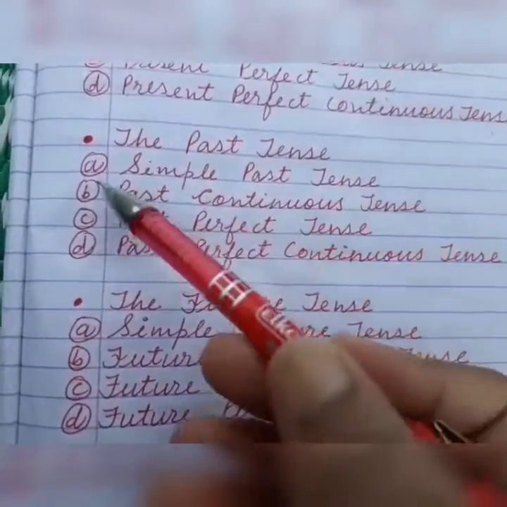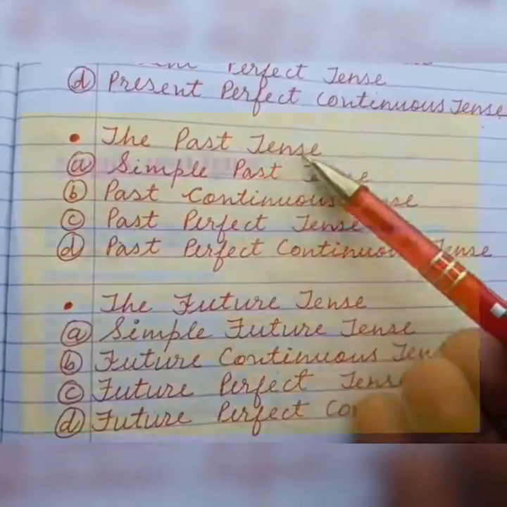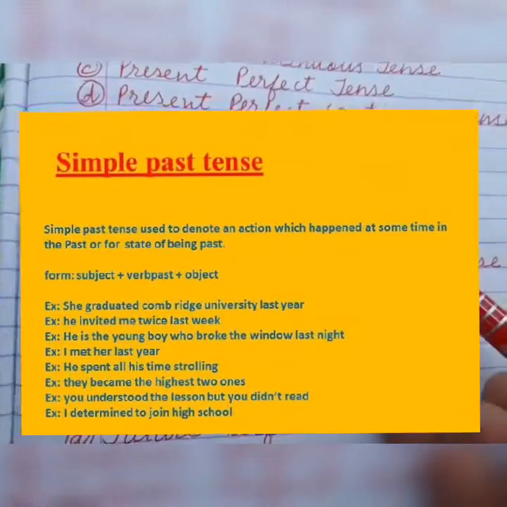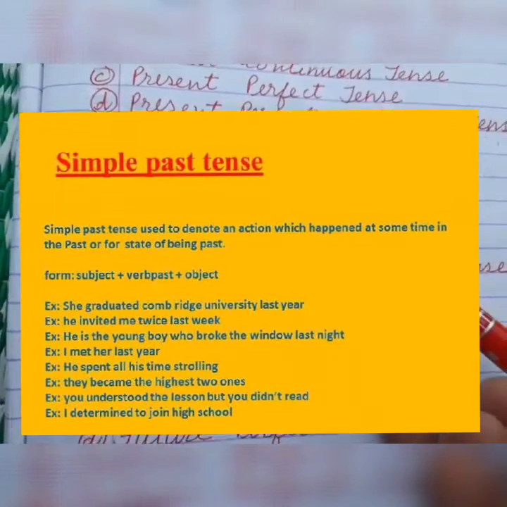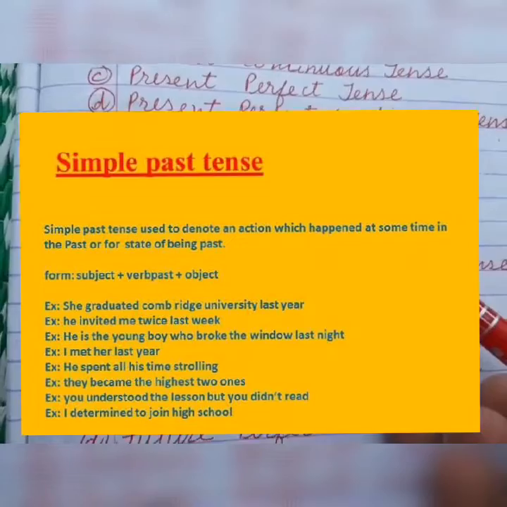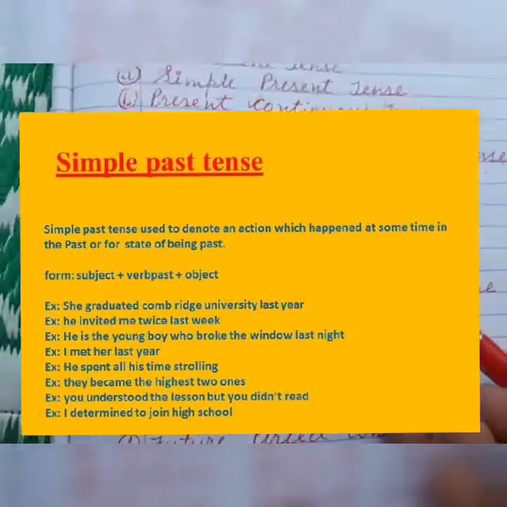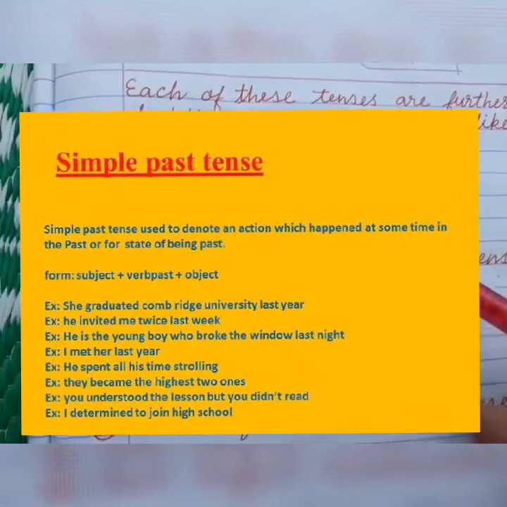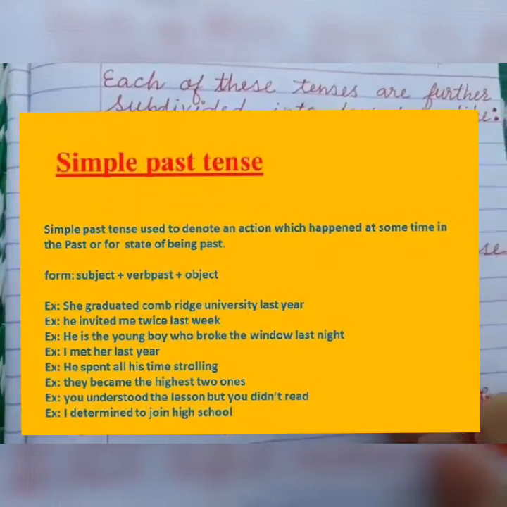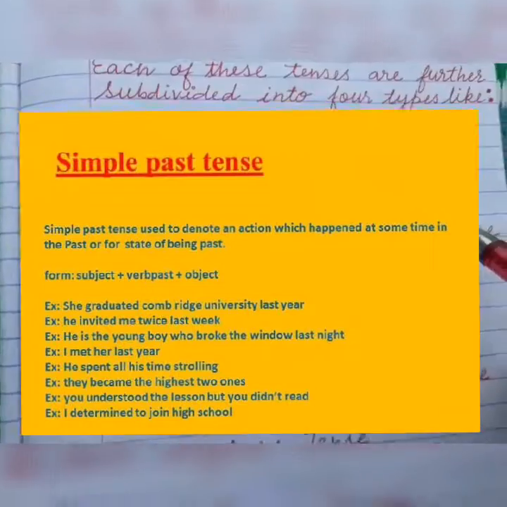Then come to the uses of past tense. Simple past tense you use for work which is completed and its effect is not in present time, and so you compare it with present perfect tense. In present perfect tense, the work is completed but its effect is in present time.